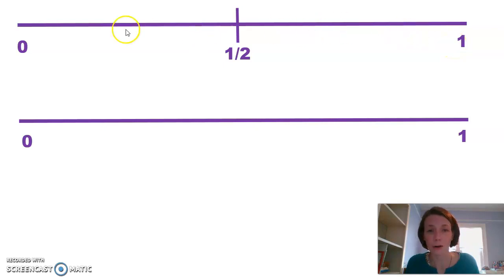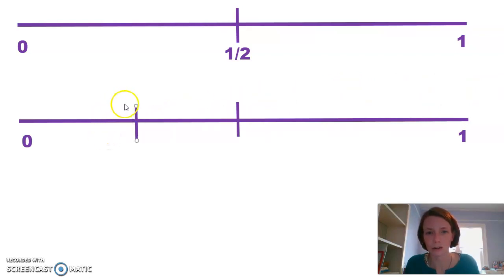So, and there are 4 quarters in a whole, we know that. So if we put a line here, straight down, we would just make another half, right? Okay, we know that, that's a half, right? But if we split the half in half, what would we get?